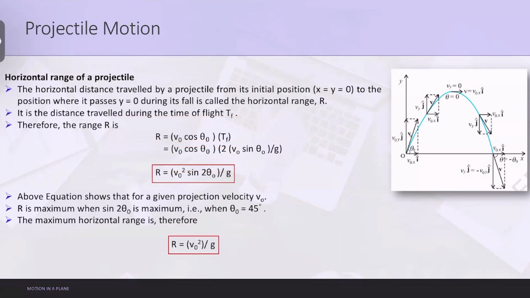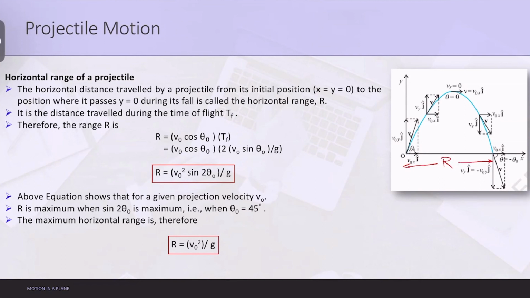So now let us try to understand today's discussion. The first discussion is based upon the horizontal range of a projectile. What we are trying to find out here is this value.